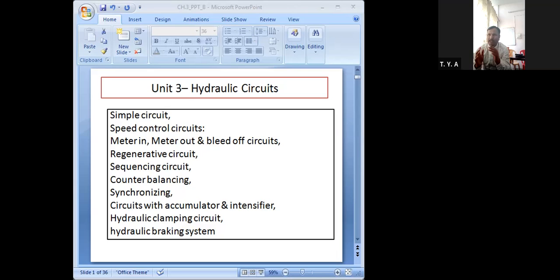These fluid power circuits or hydraulic circuits are drawn using graphical symbols, because for each and every component or element of the hydraulic system we have seen there is a standard graphical representation.